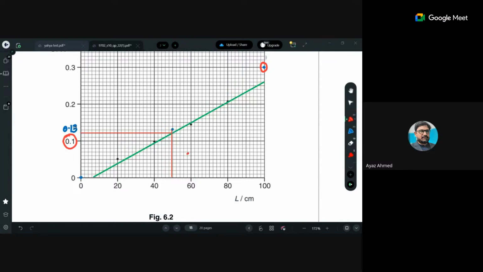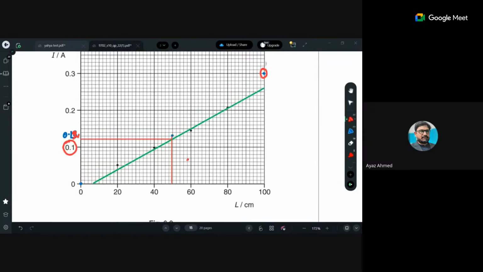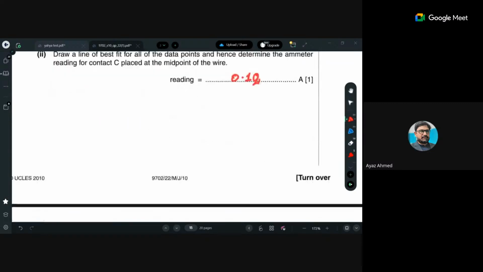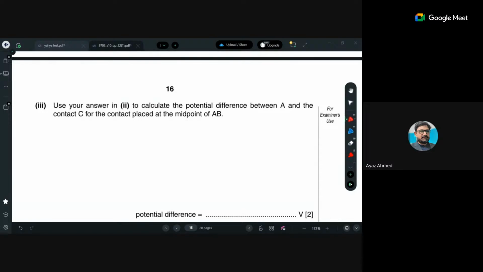So it is almost at the 0.12 position. So yes, it is 0.12 then. Line of best fit can be taken from there. Then use your answer in 2 to calculate the potential difference between A and the contact C for the contact placed at the midpoint of AB.